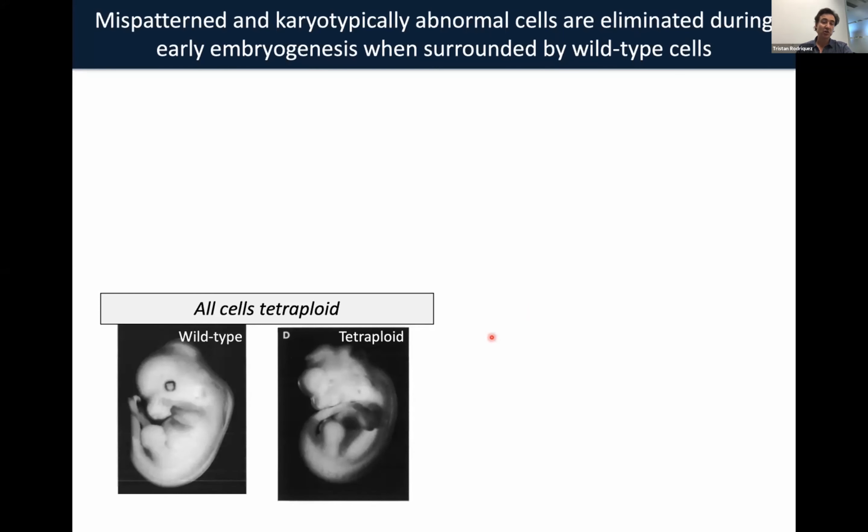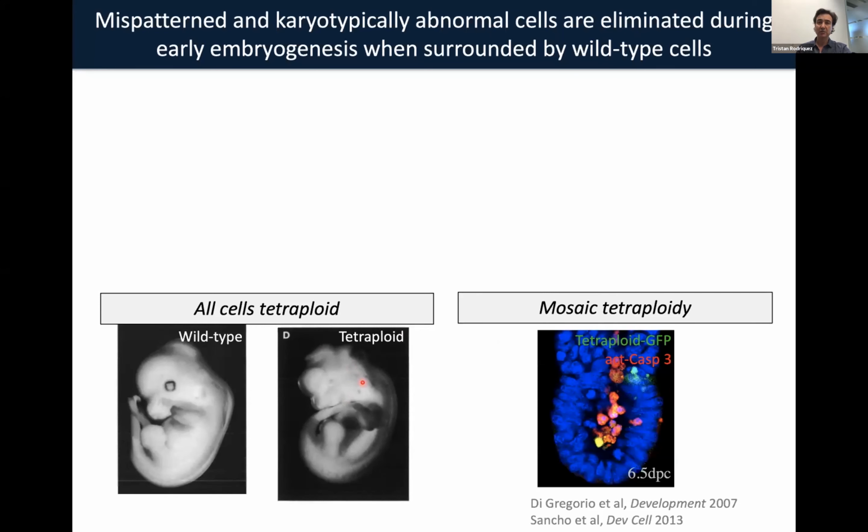For example, tetraploid cells survive until very late in gestation when the whole embryo is tetraploid, and these only suffer minor pattern defects during early development. In contrast, a few years back, we showed that when tetraploid cells are surrounded by wild-type cells in a chimera at the onset of differentiation, this leads to cell elimination.